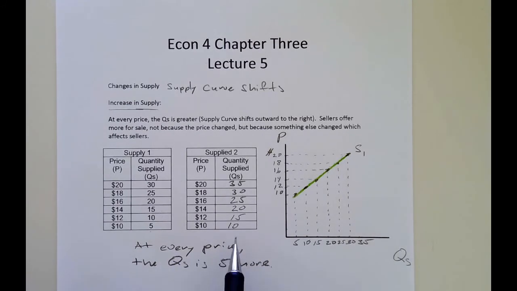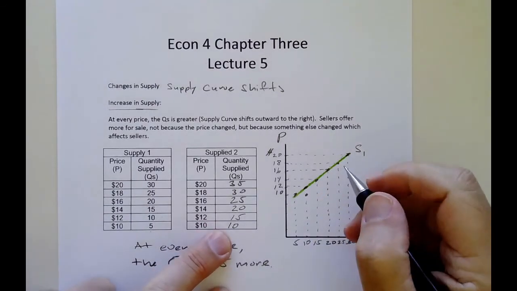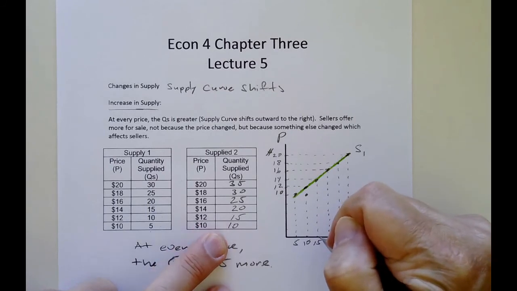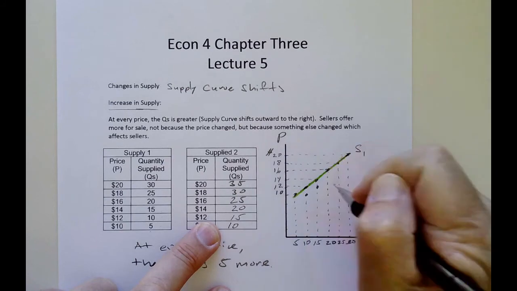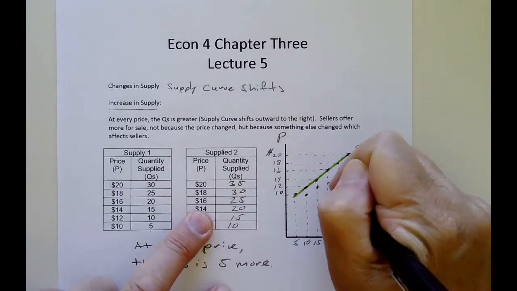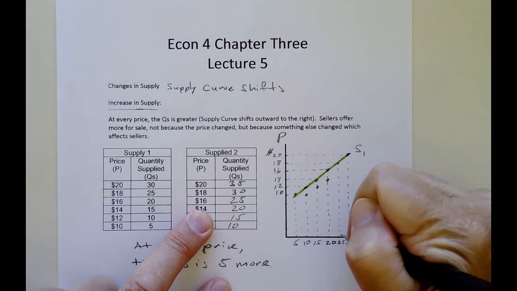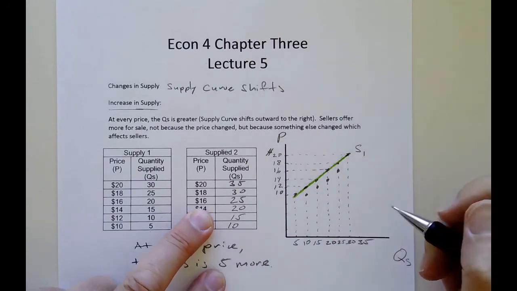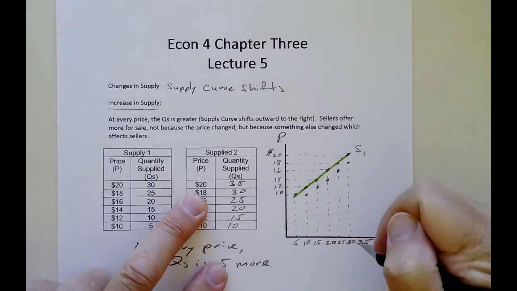Let's plot these numbers here. And so at $10, the quantity supplied is now 10. And so we now have a new point for $10. And then same for $12. It's now going to be 15 instead of 10. And at $14, the quantity supplied is now 20. $16, it's now 25. At $18, it's now 30. And at $20, it's now 35.